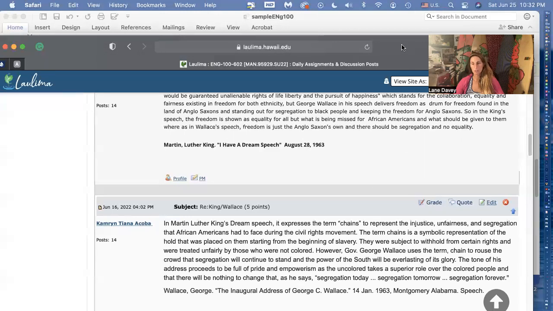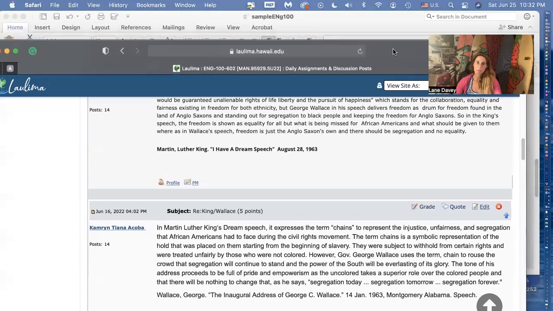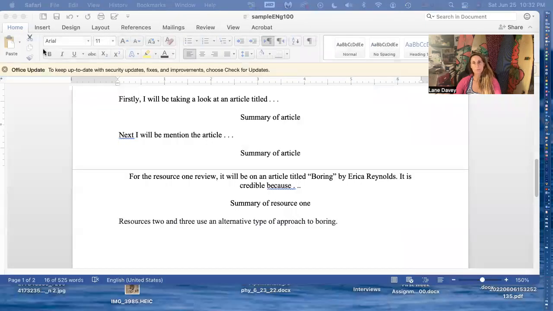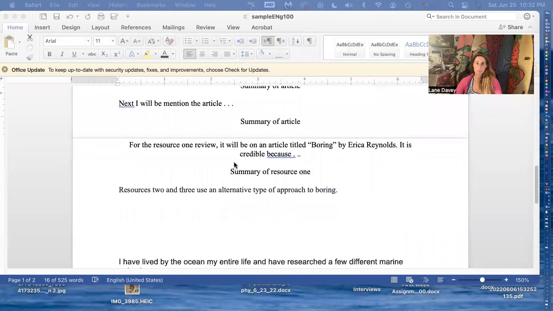Your sources were talking about different things. So because you didn't follow the prompt, you didn't follow the model, and then you didn't read my comments on your resource 2 and 3, and then you went into the research paper and you didn't even write a research paper, you just wrote a review.